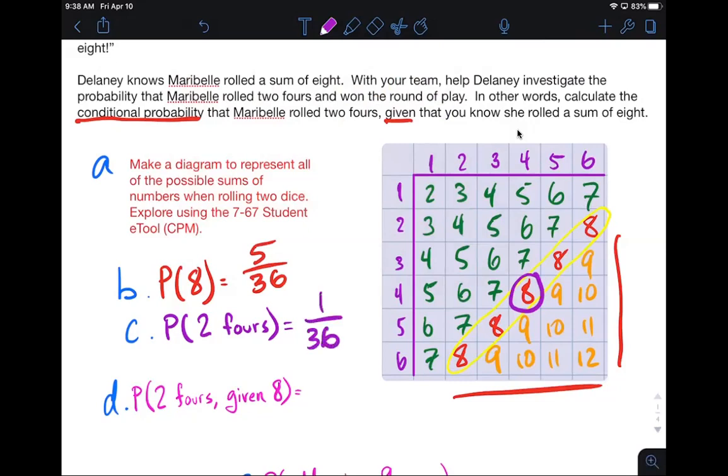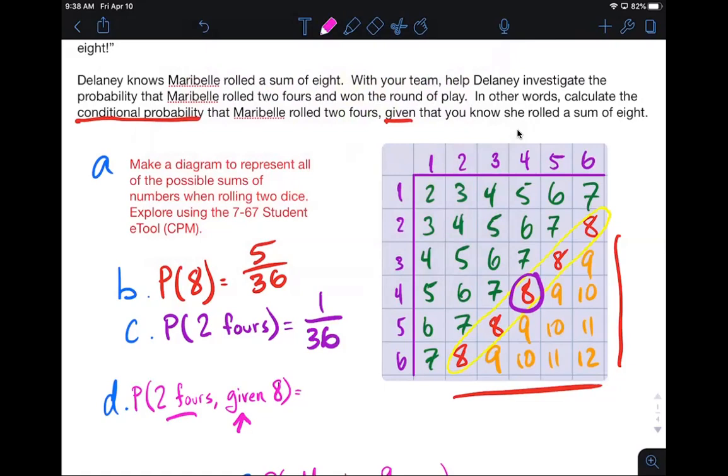All right. Now, here's the conditional probability question. What is the probability then that she got 2 4s given that she rolled an 8? This is the phrasing on all of these conditional probability questions, so this is the first clue that I want to point out.